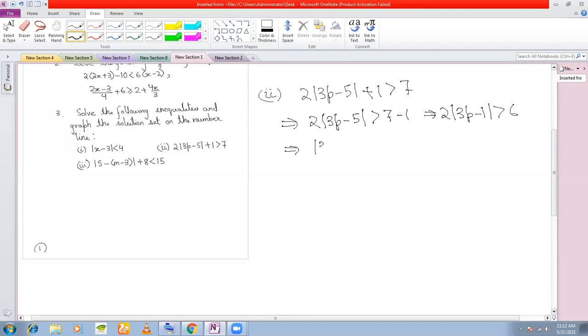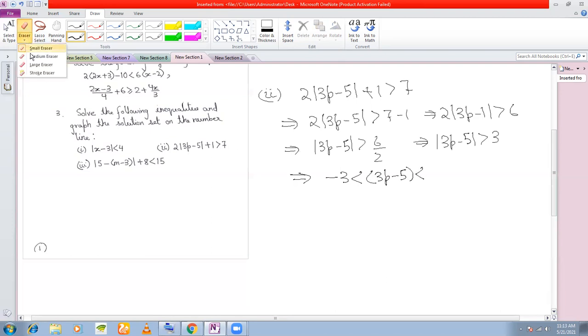That means you get mod 3p minus 5 is greater than 6 by 2, which means mod 3p minus 5 is greater than 3. Yes, 3p minus 5. Now if mod 3p minus 5 is greater than 3, that means this must lie between minus 3 and plus 3, isn't it?